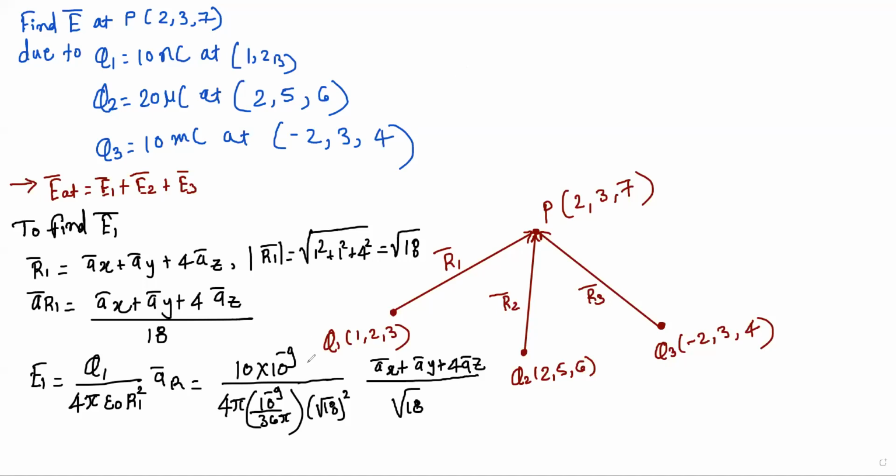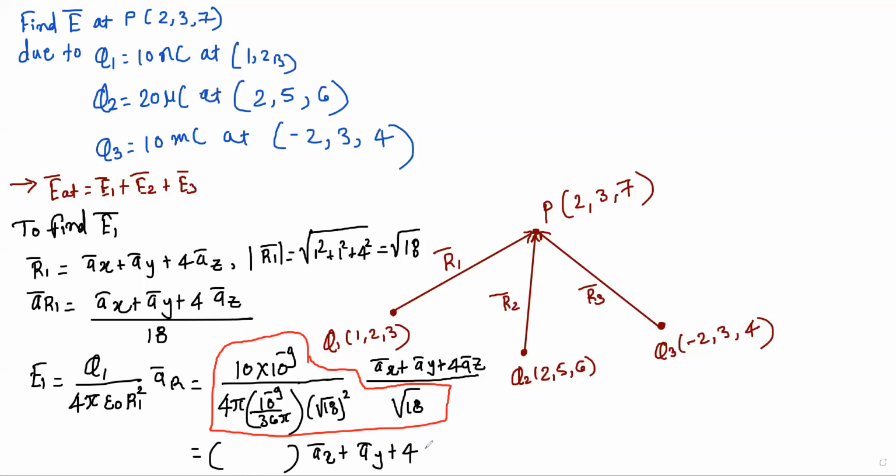So first of all, you can calculate this part, plus 4 a bar z. Tell me, what should I write in the brackets? 1.178.